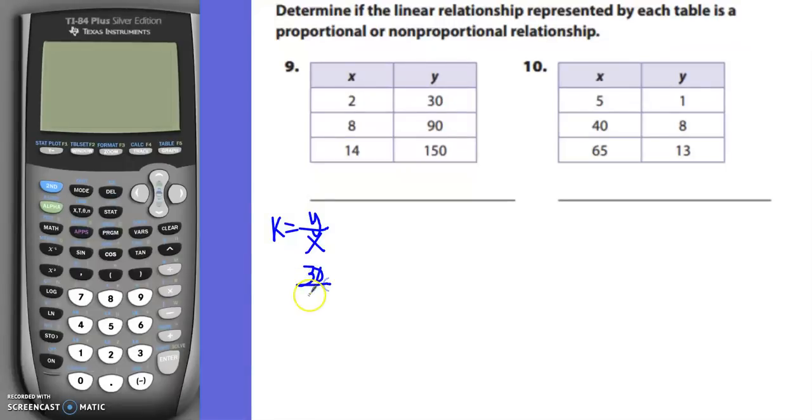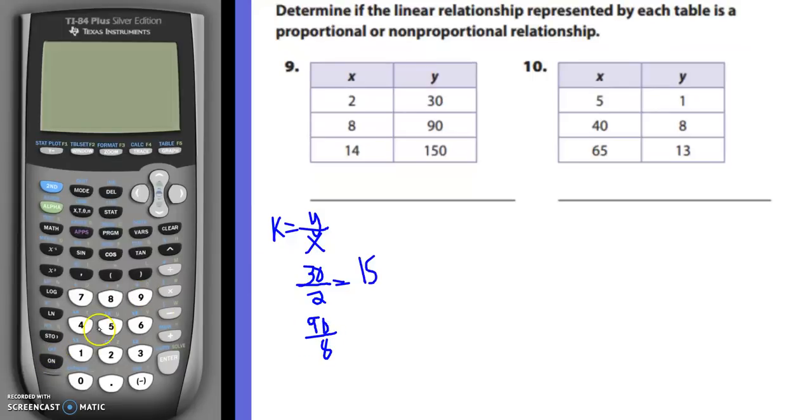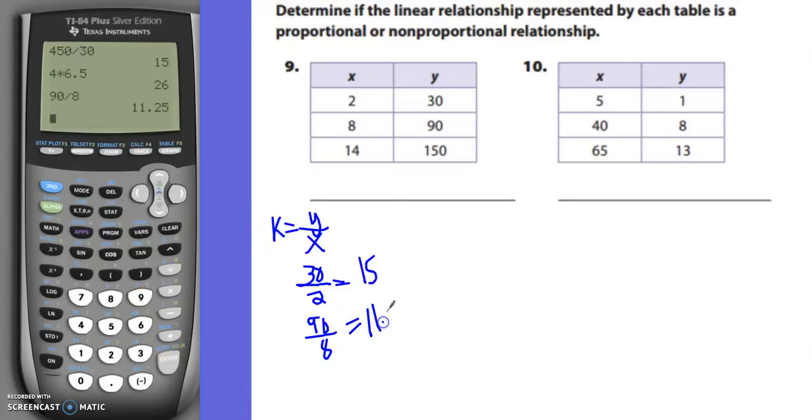So if we did 30 divided by 2, we get 15. If we do 90 divided by 8, we get 11.25. Right off the bat, it's not proportional because they're not the same.